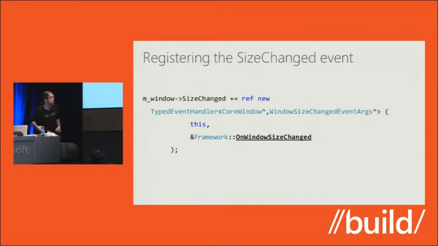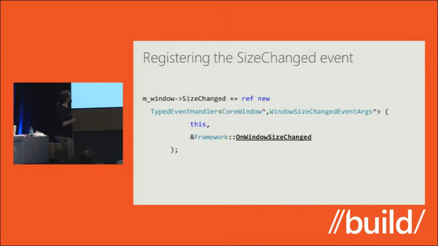Now, because this is a core window event, we have this mWindow object that I got from the setWindow method, which represents the core window object that I got from the operating system. And then I have this little ref new thing. You've seen ref class before. This is how you create a WinRT class, ref new. Every event that you register for will have a typed event handler or an event handler to get the parameters.